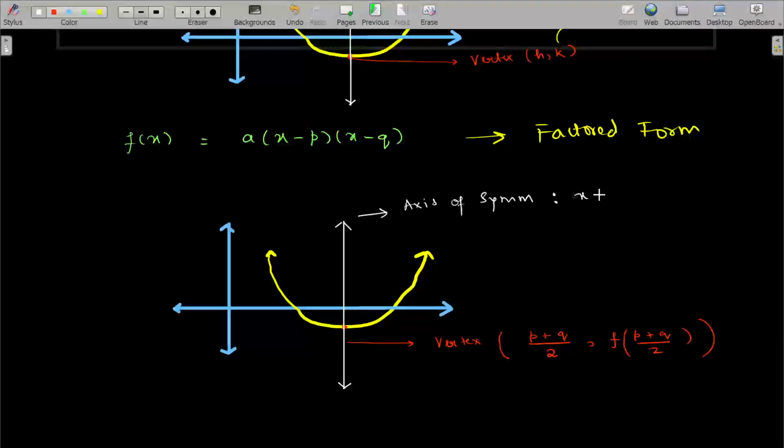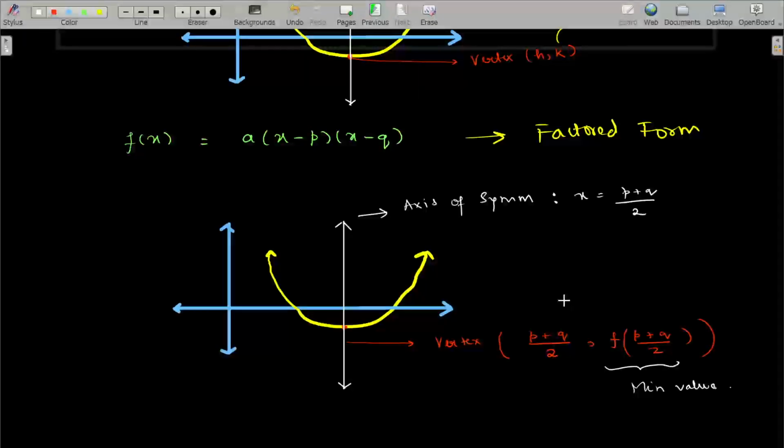Perfect. So x equals p plus q over 2. That will be the axis of symmetry. And what will be the minimum value? This will be the minimum value. Okay, perfect. So this covers the key features of a parabola.